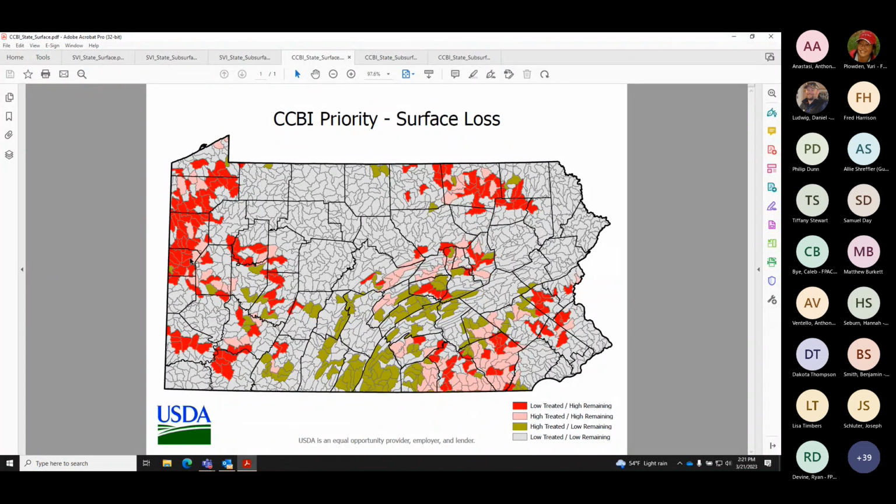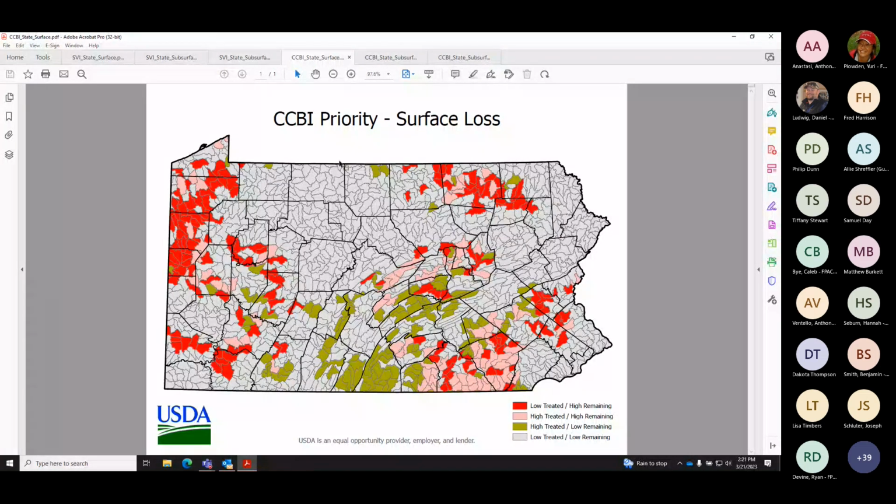And really on this map, you're seeing 2 things. You're seeing the high and low remaining, and so that's really like the amount of area that was the red and orange colors on the last map that have not been treated with AC&T practices by us, versus low remaining, which are areas where either there's not much work to do.